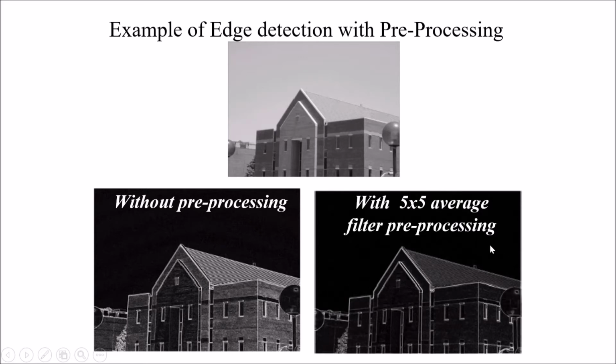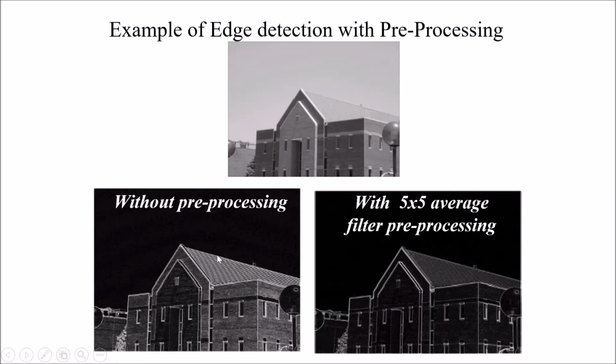So the significant difference when we apply the pre-processing is that, as you can see from here, we highlight most of the distinct, more tangible edges. The ones that belong to this roof, which has some cluttered area, we don't highlight much after the pre-processing.